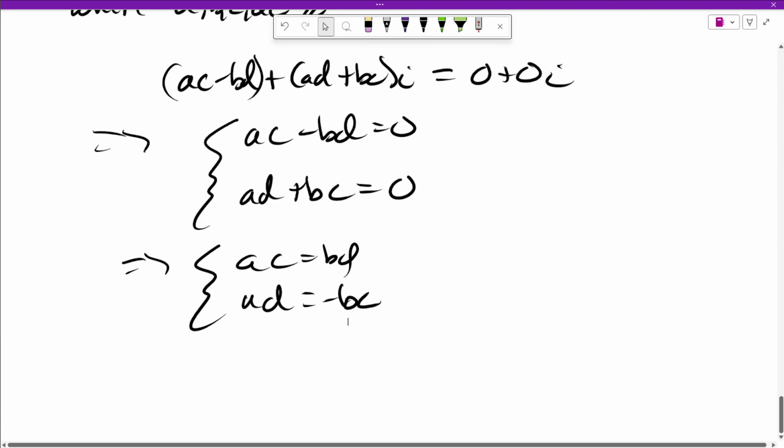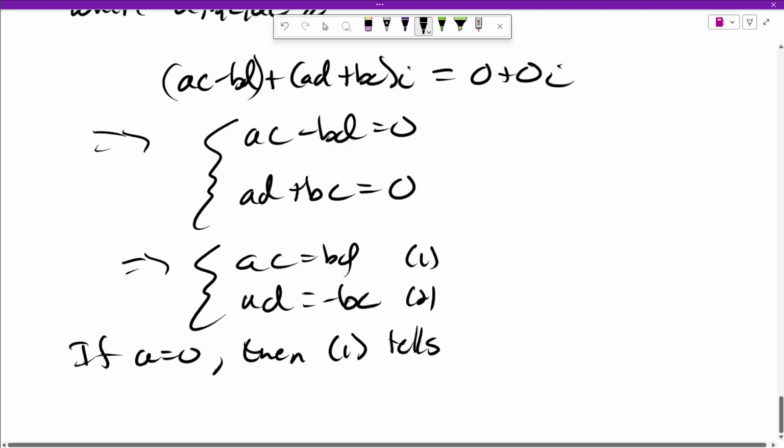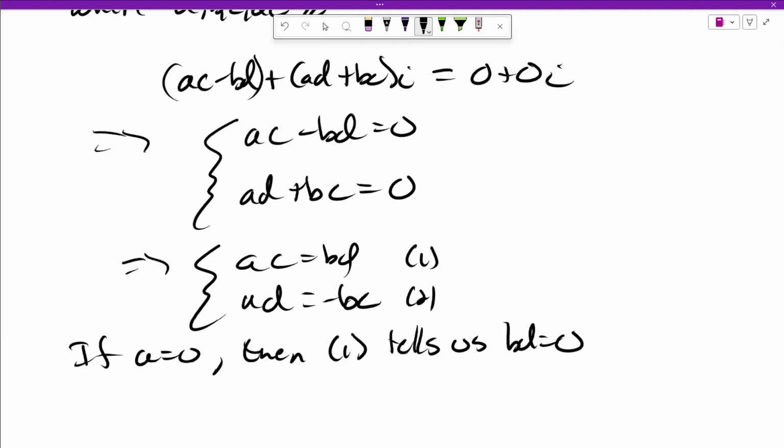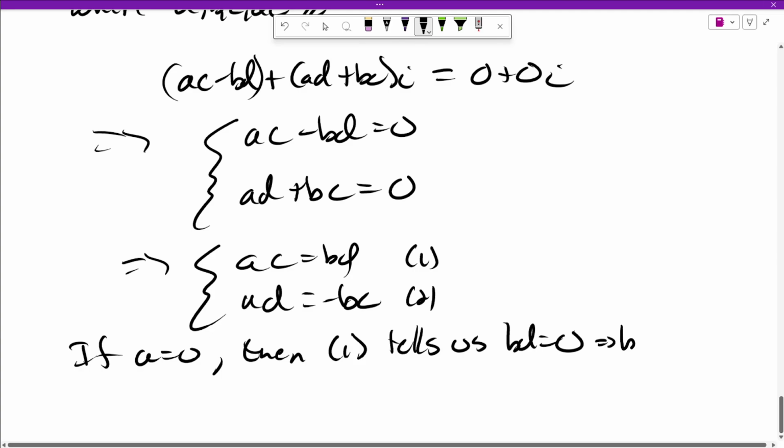So what could happen? Well, if a equals 0, then using this first one, let me label them 1 and 2, 1 tells us bd is 0. But these are integers. The product of the integers b and d is 0. Z is an integral domain, so this tells us that b is 0 or d is 0, as Z is a domain.